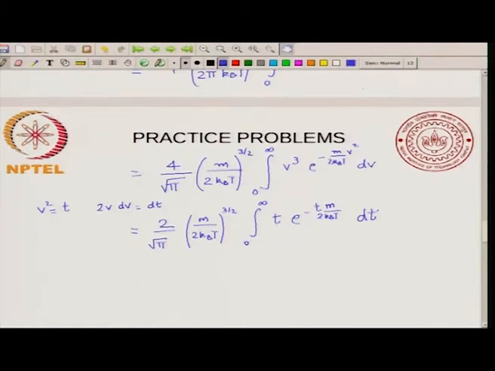When you integrate this by parts, you will get two terms. The first term will be t times the value of this integral, and the value of this integral is just the exponential divided by a constant.